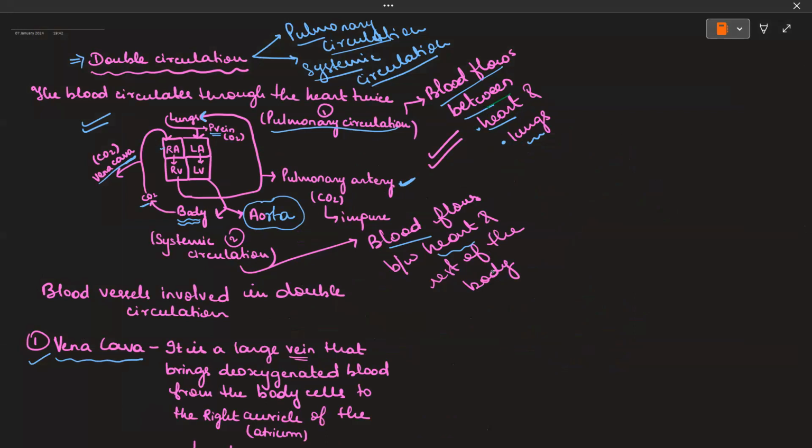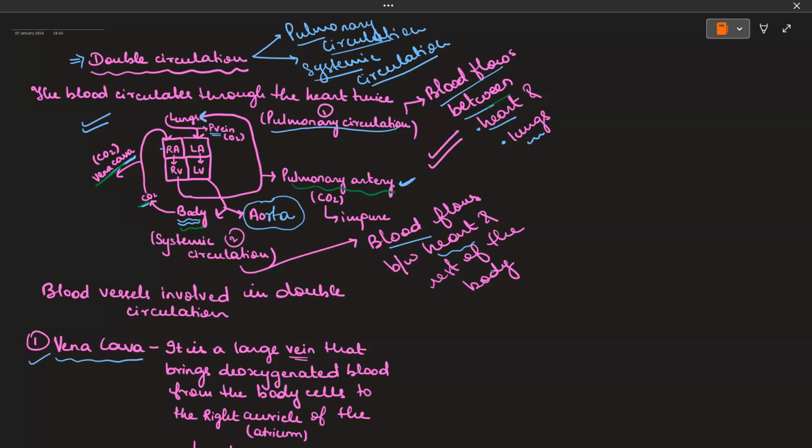Now see, from the body cells, the deoxygenated blood, meaning the CO2 rich blood, is collected by the vena cava and brought to the right auricle. From the right auricle, it goes into the right ventricle. From the right ventricle, this deoxygenated blood is carried to the lungs with the help of the pulmonary artery.